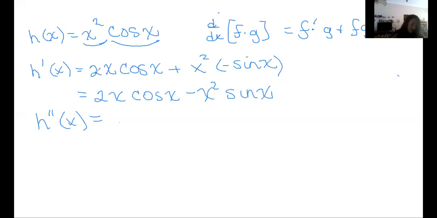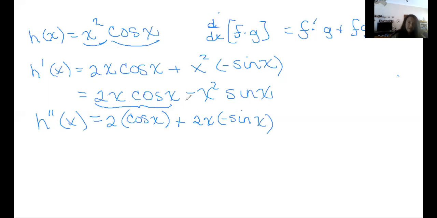Let's just keep going. I'm going to go ahead and work on this one and use the product rule. So that's going to be 2 times cosine x plus 2x times negative sine x, right?